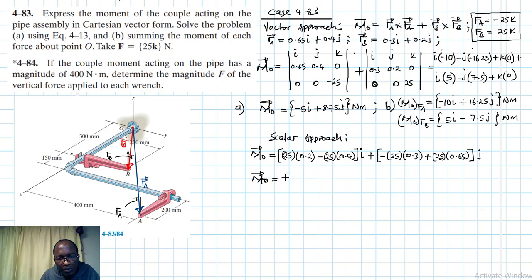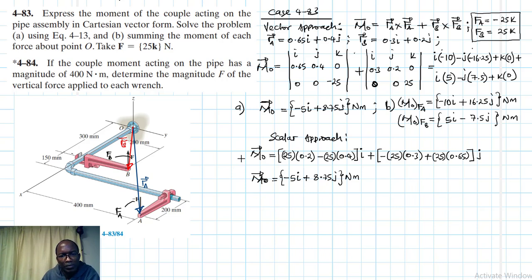So this gives us a minus 5I, and then the other one there we have 25 by 0.65 minus 25 by 0.3. So this gives us a plus 8.75J. So we have the same solution whether using the scalar or the vector approach.